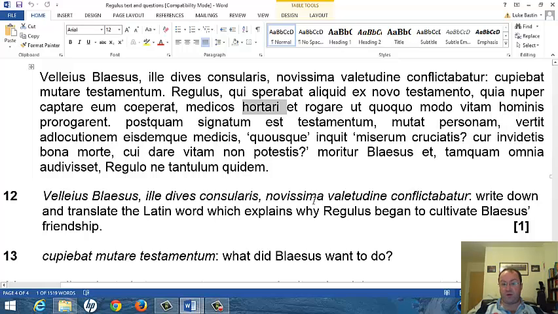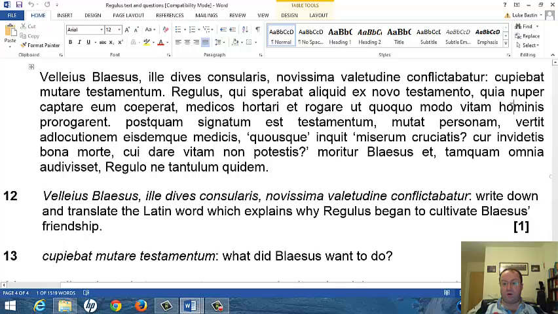We have to pretend hortari and rogare read hortabatur and rogabat. Okay, we have to pretend they're the main verb. So he kept encouraging the doctors, medicos, and he kept asking doctors ut prorogarent. So ut quoquo, how, the way to translate this is how they could prorogarent, prolong the vitam, the life of the man.